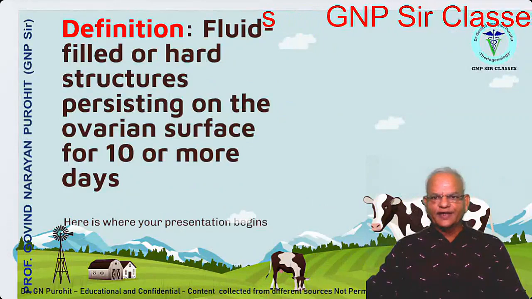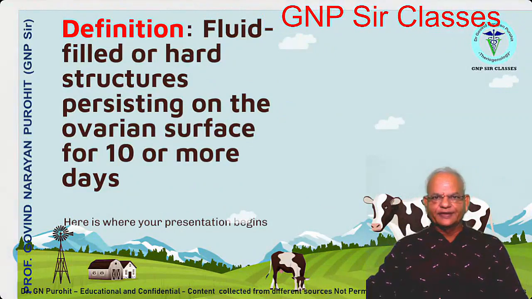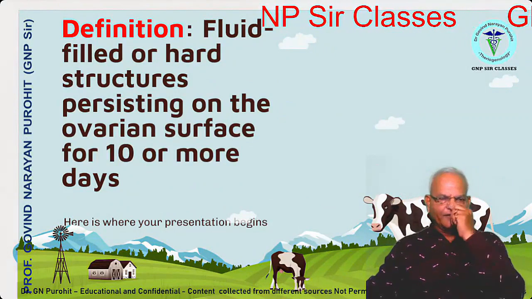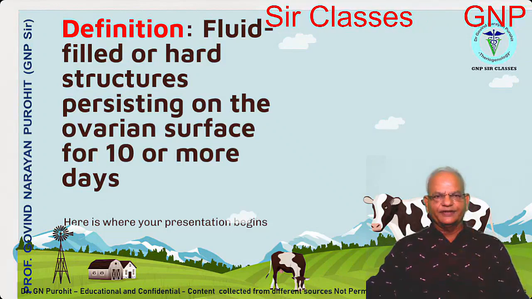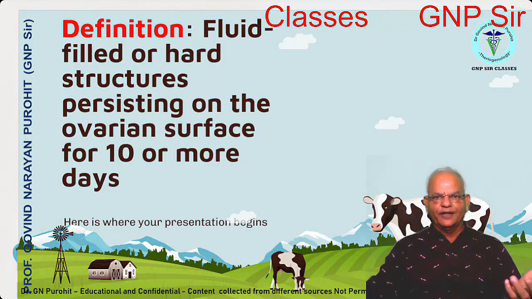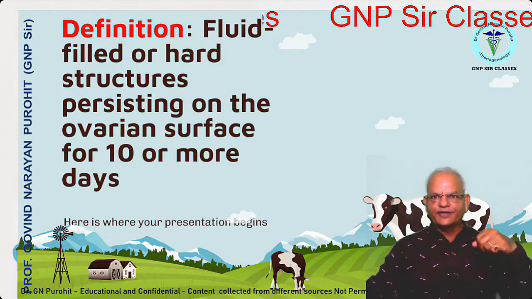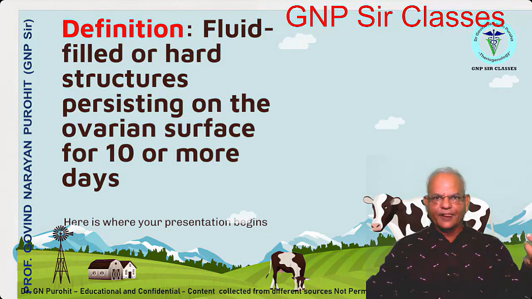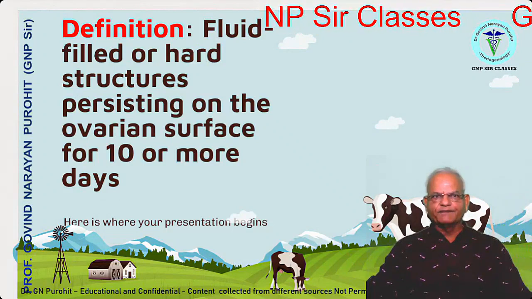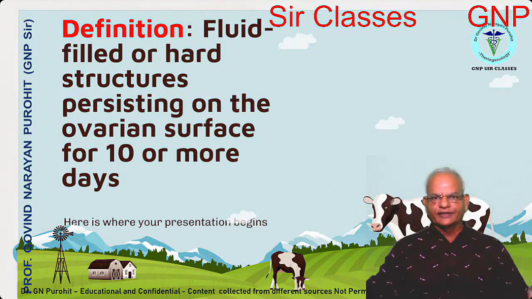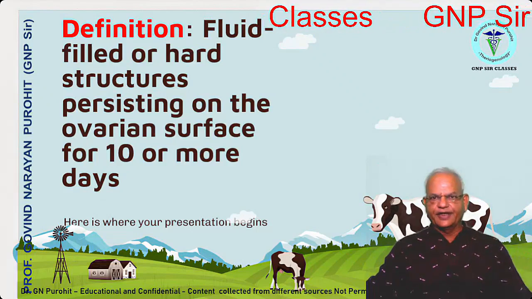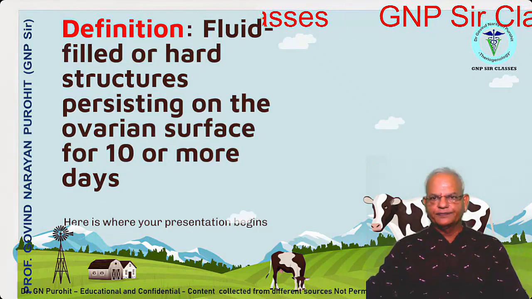Now, what is an ovarian cyst? By classical definition, ovarian cysts have been defined as fluid-filled or hard structures persisting on the ovarian surface for 10 or more days. If they persist for 10 or more days, then of course you can call it an ovarian cyst in a dairy cow, right?